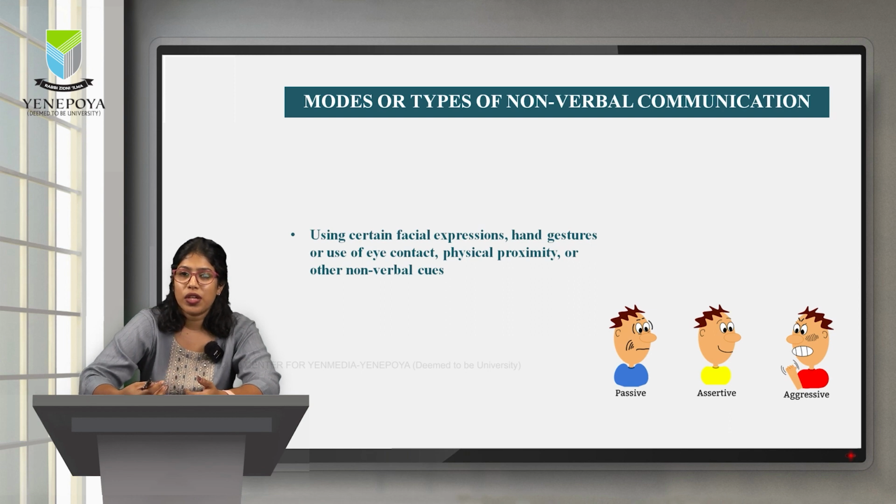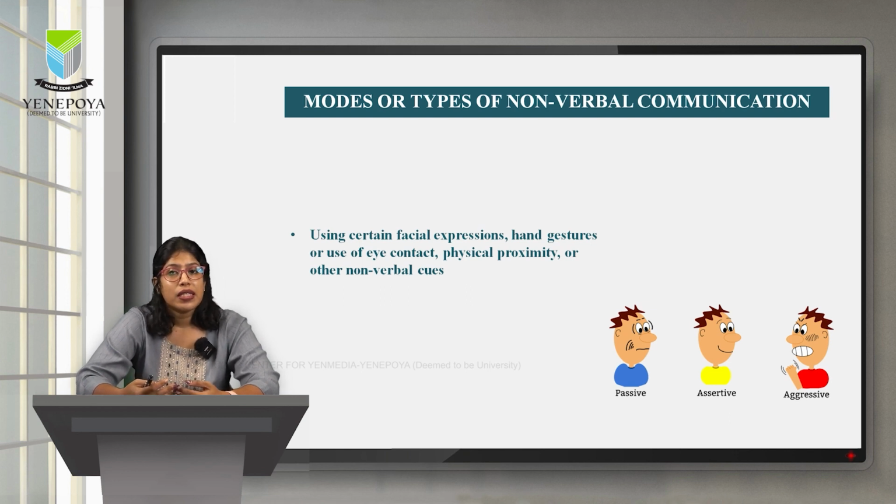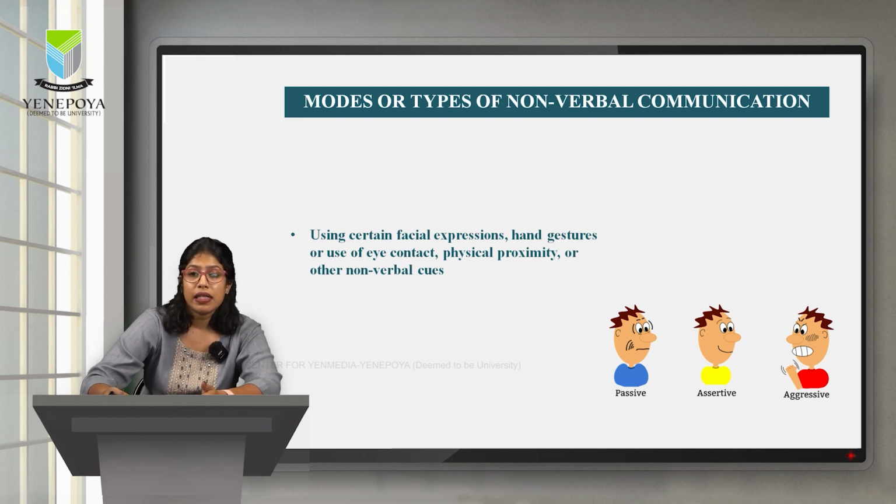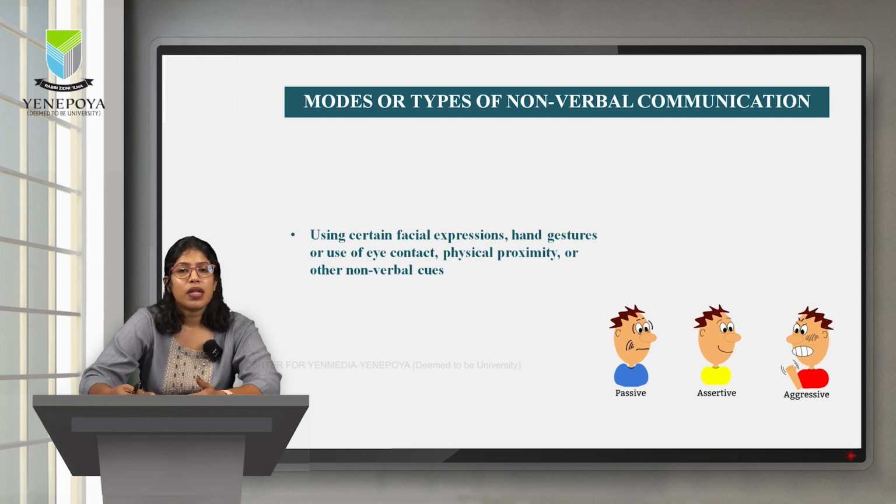The eyes are also in sync with the facial expression. Being assertive is being strong about what you want to share, and being aggressive is being very angry, if I can say, and sometimes aggressive is not as forthcoming as being assertive.